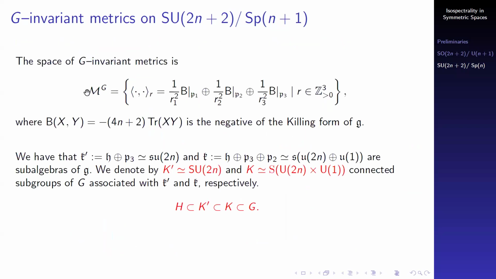So since we have three irreducible components, not equivalent, we can describe the space of G-invariant metrics again in this way. So now we need three numbers, R1, R2, and R3. In each component, it has to be a multiple of the negative of the Killing form of g, which is also Ad(H)-invariant. And by irreducibility, it has to be a multiple. So we call this multiple 1 over R1 squared, 1 over R2 squared, and 1 over R3 squared.